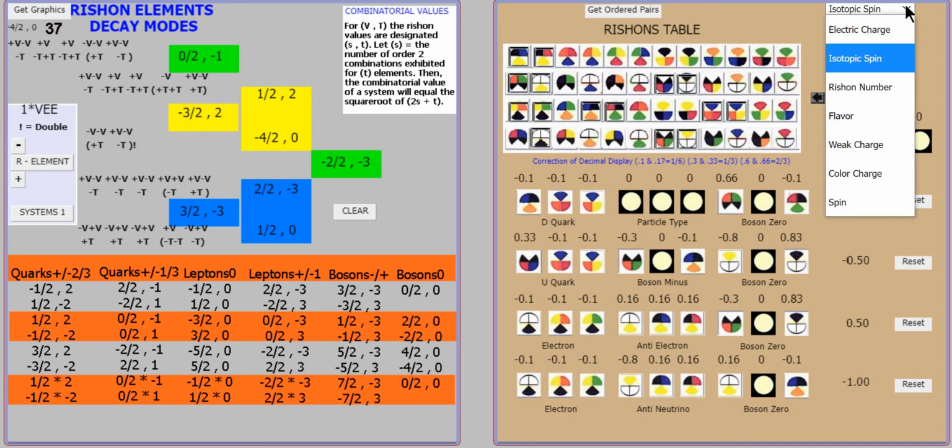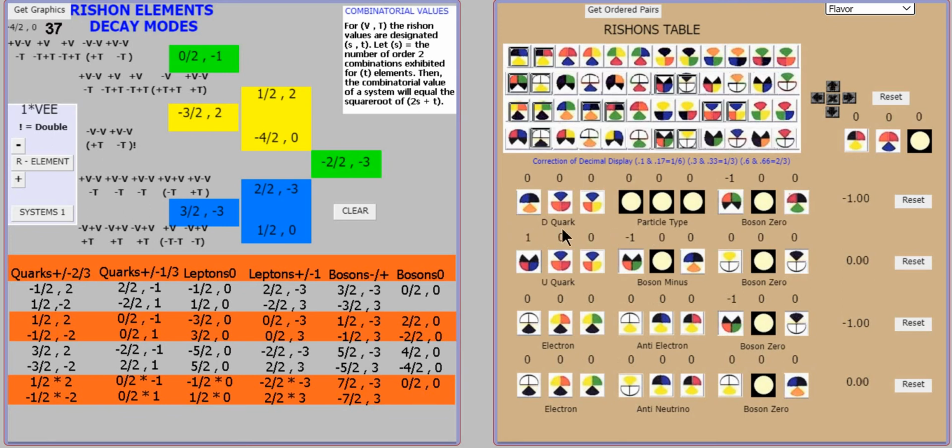Let's look at flavor. The flavor on the D quark is 0, but on the boson 0, a flavor charge of minus 1 is being carried, which is the appropriate flavor charge for the B quark. And we see the C quark here has a flavor charge of 1.